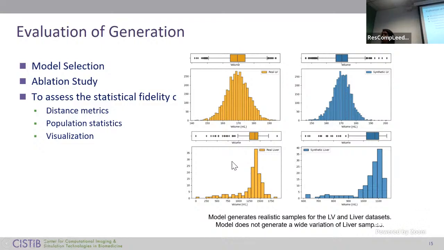As you can see, the model can generate realistic samples and the distributions are similar, and the p-value is less than 1,000. But in the liver dataset, because it generally has more variability across the training data and we also had fewer training samples, our generation model couldn't generate a wide variation.